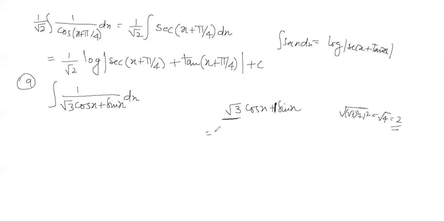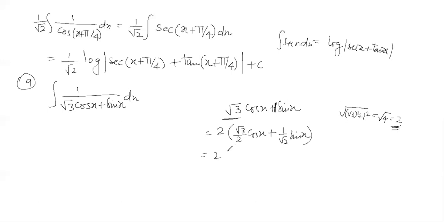So what is our next step? We multiply and divide by this value, 2, in numerator and denominator, like this: 2 times root 3 upon 2 cos x plus 1 upon 2 sin x.